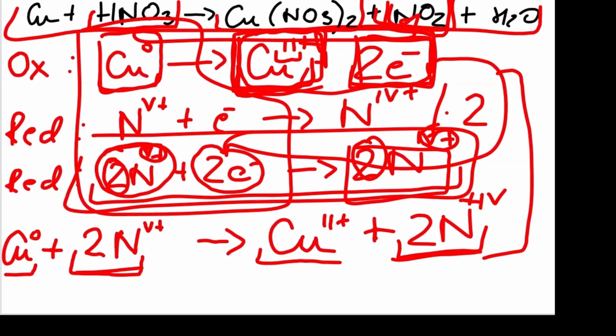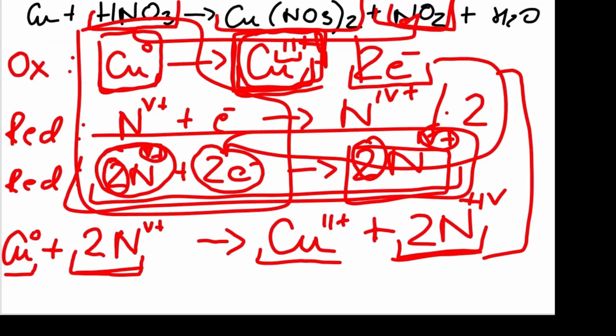So we need to put 2 here in front of nitrogen dioxide, because we are sure that those nitrogen atoms undergo the reduction reaction.